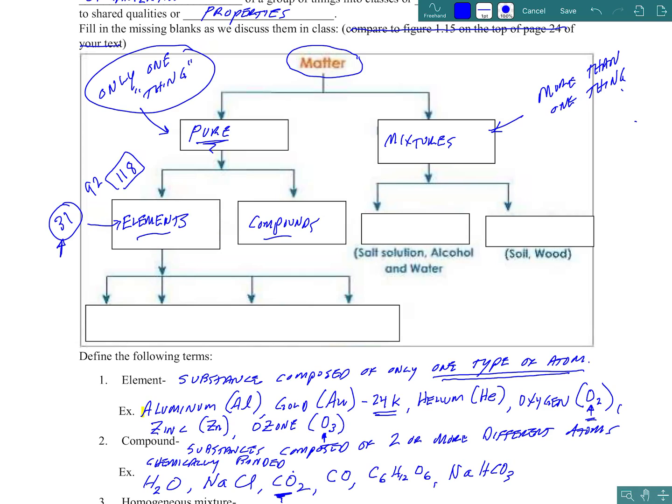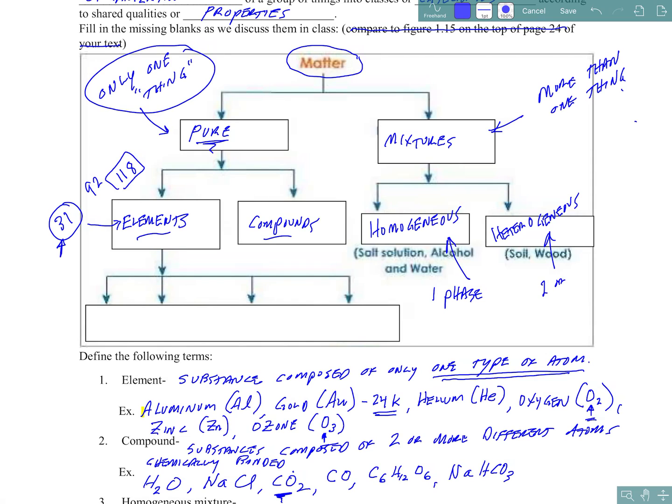Now, on the other side of this chart, we have mixtures. And there are two different kinds of mixtures we need to worry about. The first kind of mixture is called homogeneous. Some people pronounce it homogeneous, which is just fine. The other type of mixture is called heterogeneous. Homogeneous mixtures I like to think of as having only one phase.